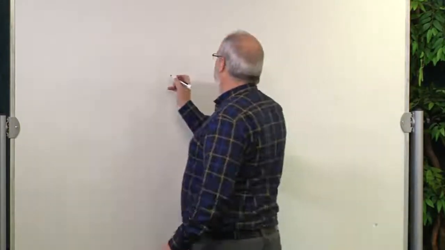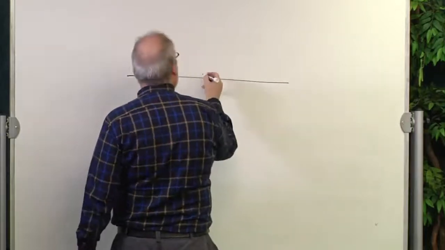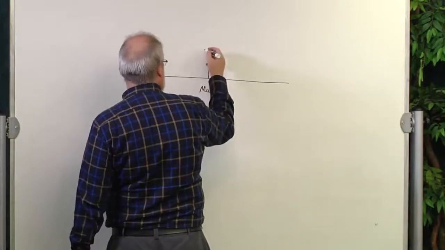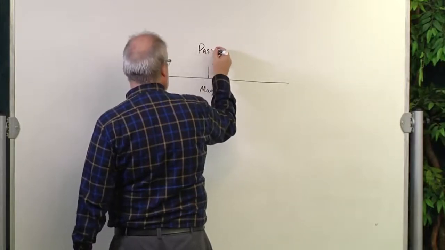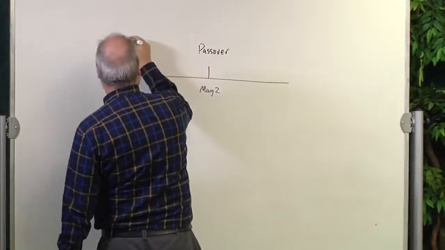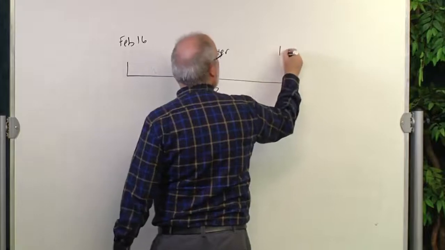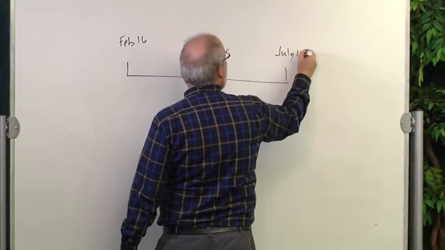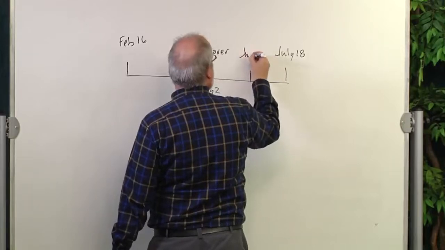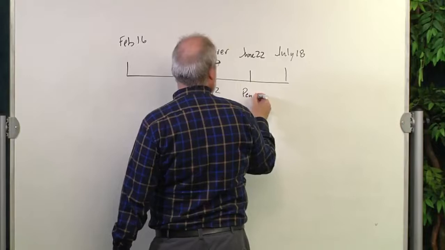So, we got May 2nd, and this is the Passover. February 16th, we got July 18th. And we know that Samuel Snow has another letter written June 22nd, and this is Pentecost.